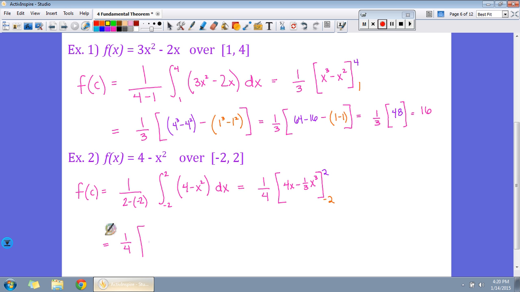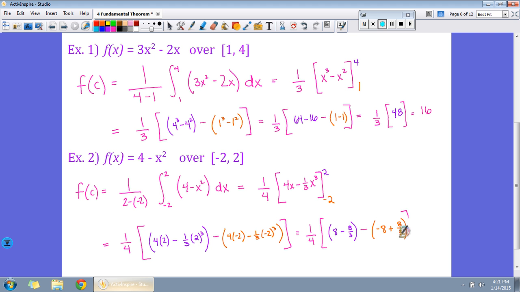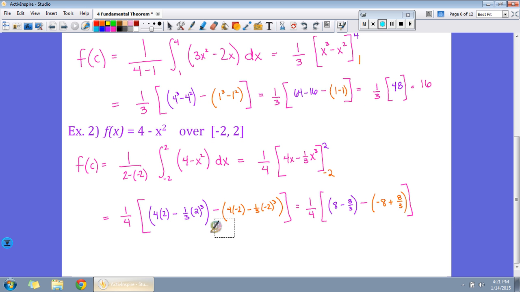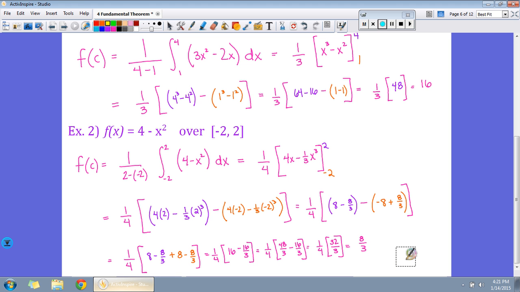So this equals 1/4 times 4 times 2 minus 1/3 times 2 cubed, minus 4 times negative 2 minus 1/3 times negative 2 cubed, which equals 1/4 times 8 minus 8/3 minus negative 8 plus 8/3, which ends up being 8/3.